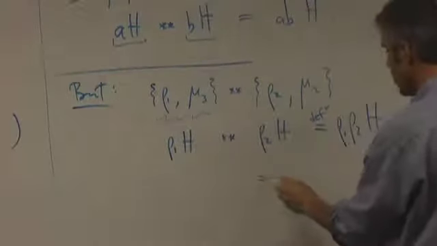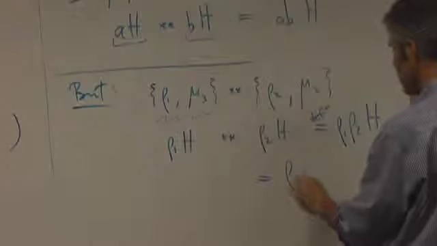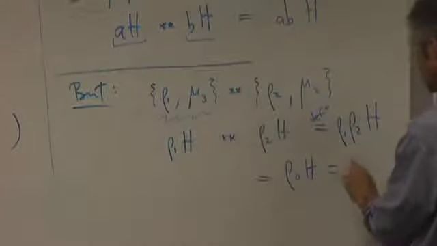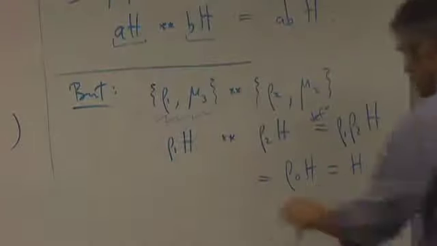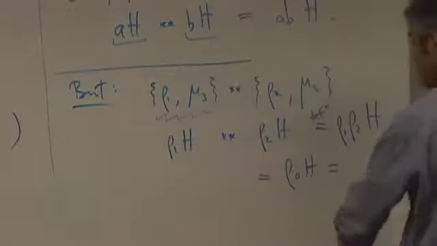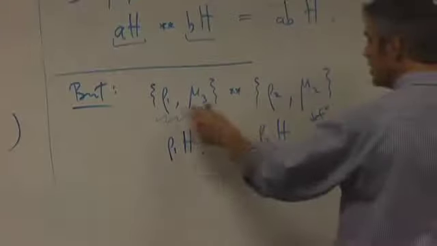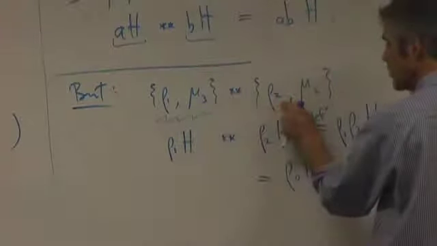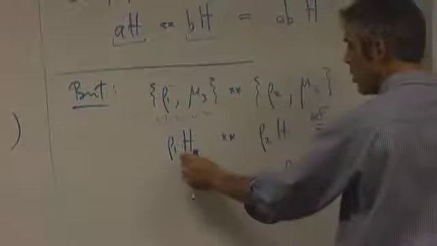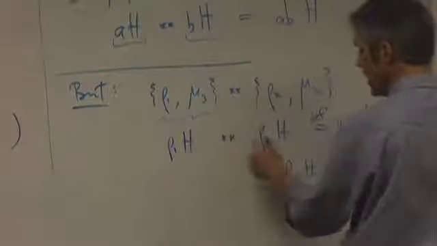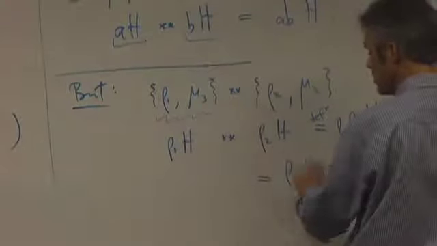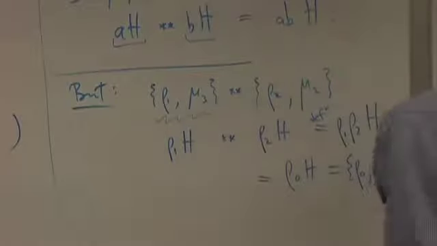Well, rho 1, rho 2h is rho 0h, which is h. In other words, which is this left coset, the left coset rho 0, mu 1. So if I combine these two left cosets by calling the first one rho 1h and naming the second one rho 2h, then the result of that combination is just the coset h itself.